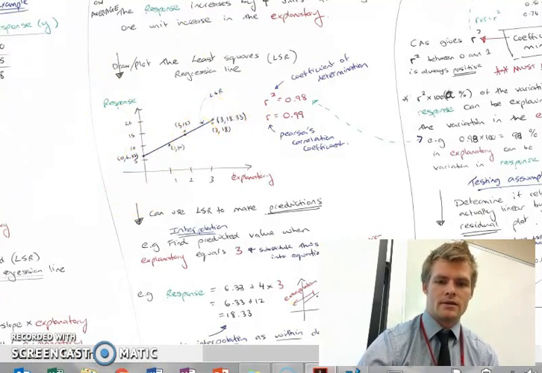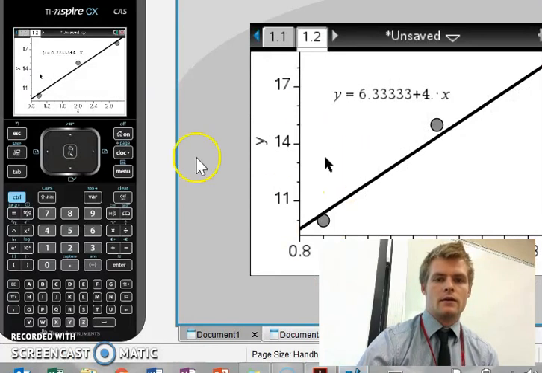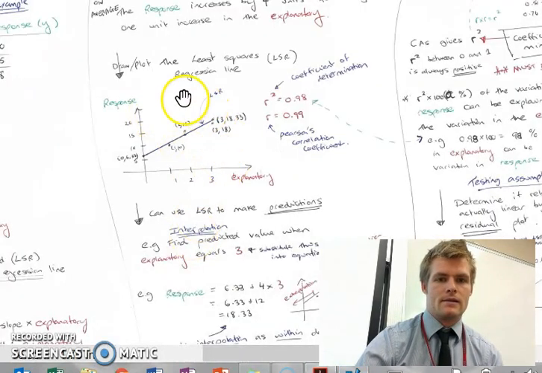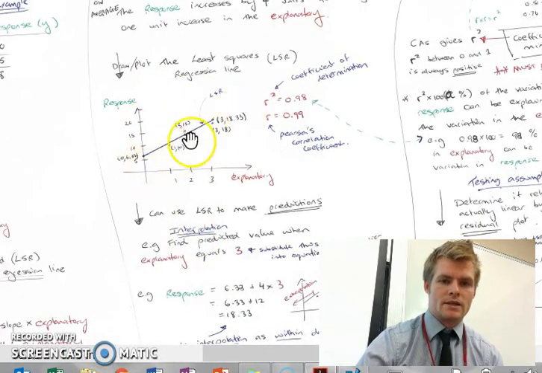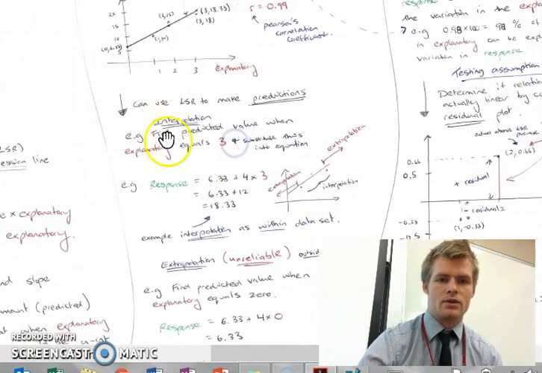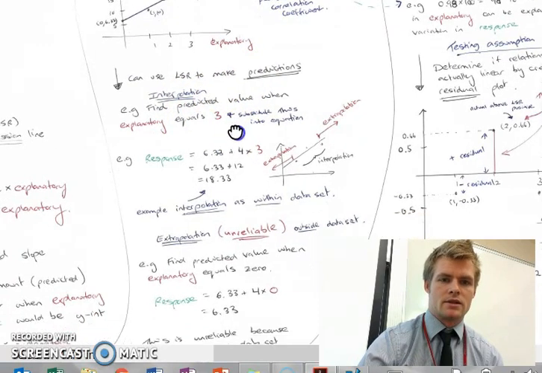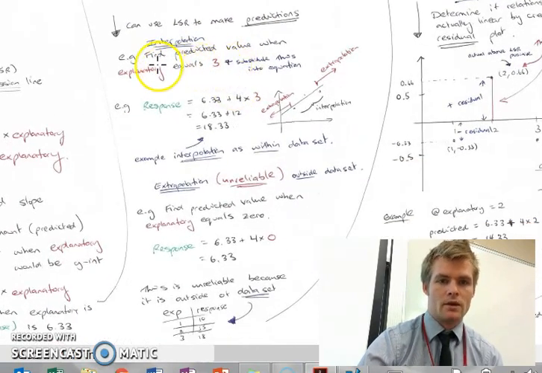We've already got the line, we fitted it on our CAS. You can find the least squares regression line, which you've already plotted, and then we can use that to make predictions. For example, find the predicted value when the explanatory equals 3.